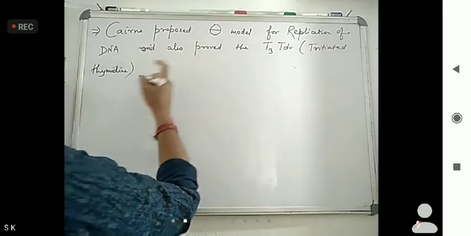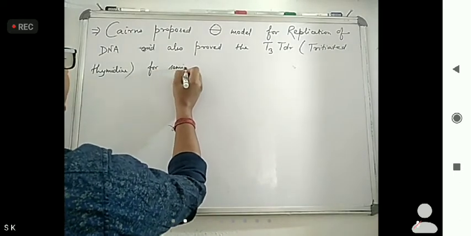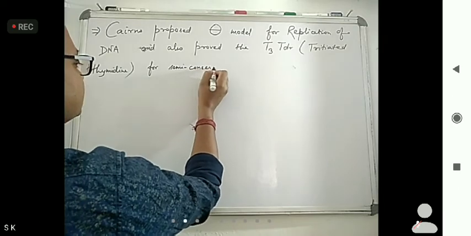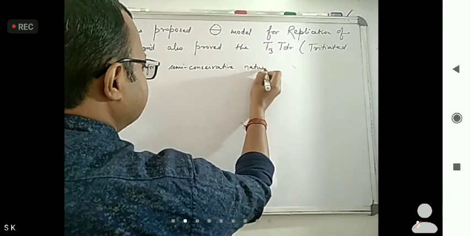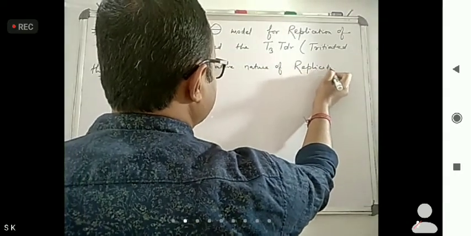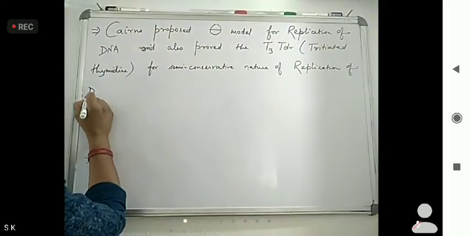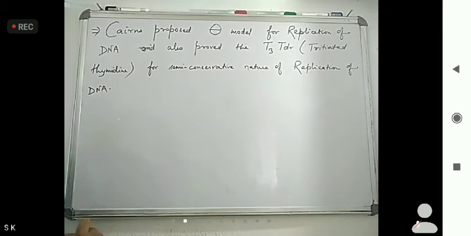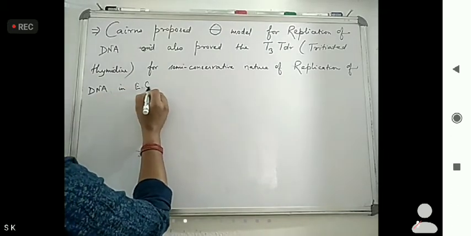Okay, tritiated thymidine for semi-conservative nature of replication of DNA. And where? In E.